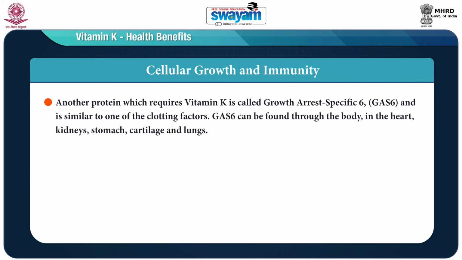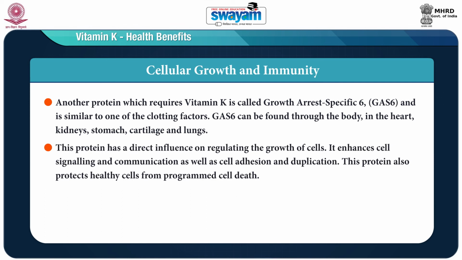Another protein which requires vitamin K is called the growth arrest specific 6, that is GAS6, and clotting factors. Now, GAS6 protein can be found through the body in the heart, kidneys, stomach, cartilage and lungs, and has different roles to perform. This protein has a direct influence on regulating the growth of cells.